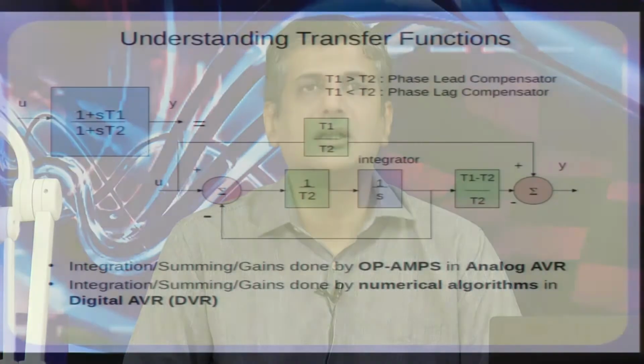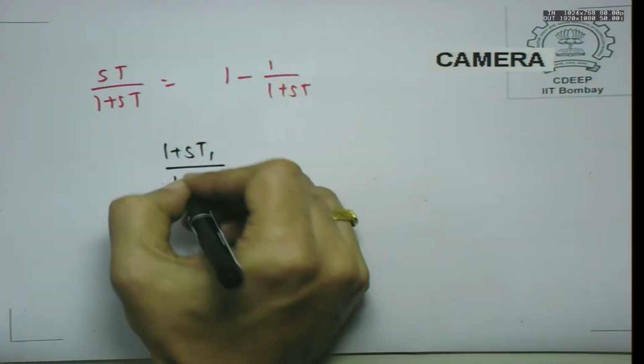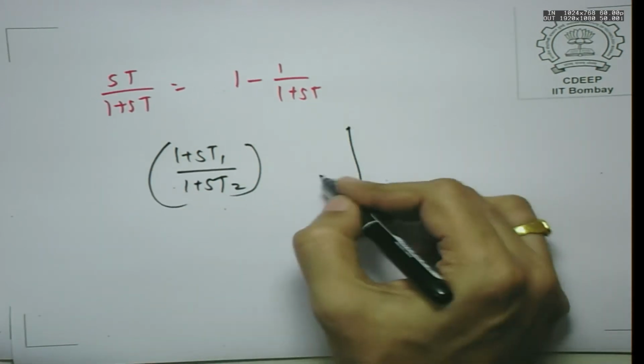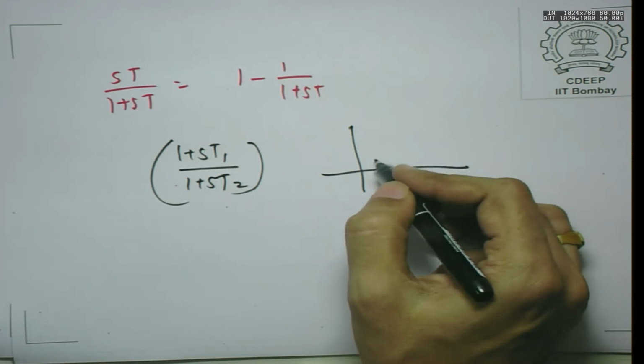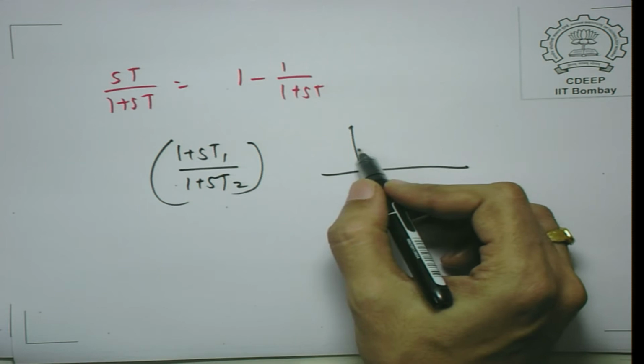Another commonly used transfer function is a lead or lag block. In fact, if T1 is greater than T2, it is called a phase lead compensator, and T1 less than T2 is called a phase lag compensator. If you write the transfer function of this, you will find that if you put s equal to 0, the gain is equal to 1.